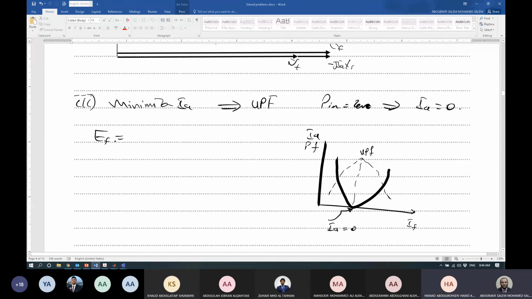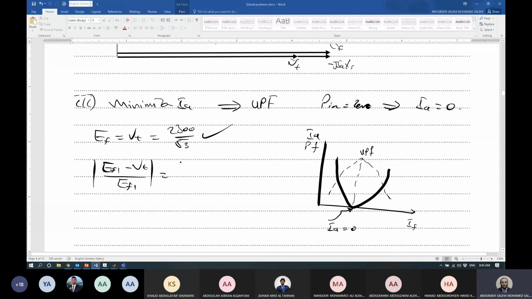VT, exactly, because now there is no current, so it's 2300 over square root of 3. This is now the value of EF. So simply we can now say the change in EF will be EF in case 1 minus V terminal, over EF at case 1, taking the case 1 as reference, and we can take it as an absolute value. We need just the change, by how much we should change the current.